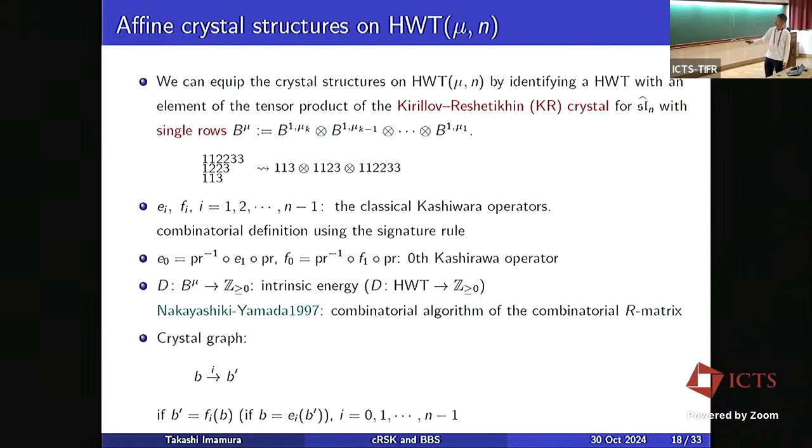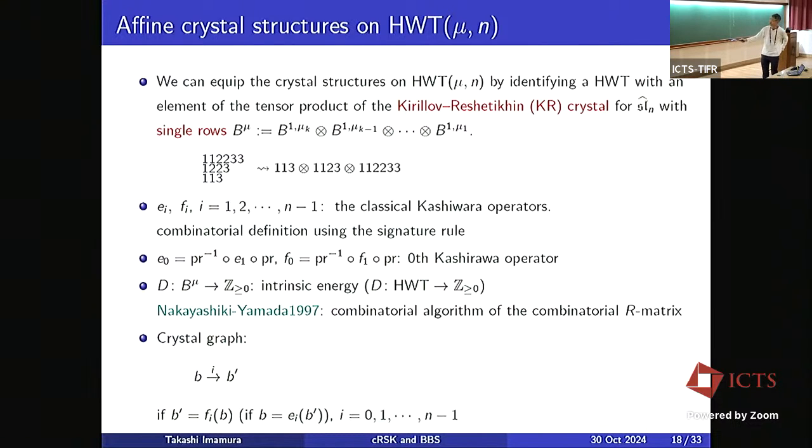So we can equip a crystal structure on HWT by identifying the HWT with an element of a tensor product of Kirillov-Reshetikhin crystals of SLN with single rows. Okay, so this is the identification, just lining up the rows like this. So we get the element of the KR crystal with single rows.